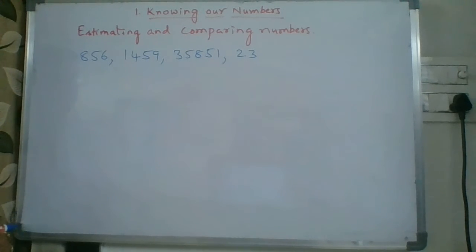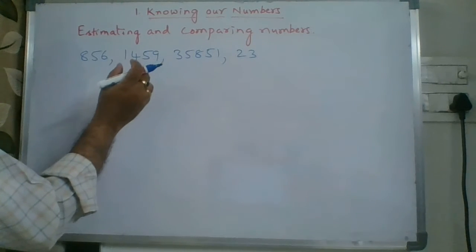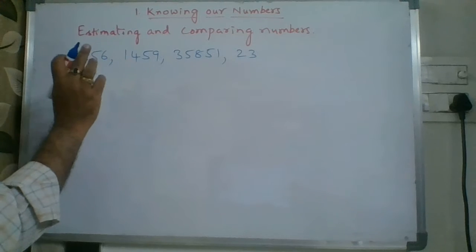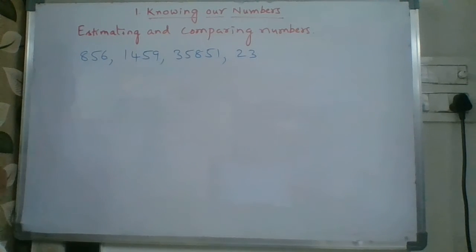So when we want to compare, meaning we are finding the greatest and the smallest number from these given numbers, the number which has the highest number of digits compared to others is the biggest or greatest number.